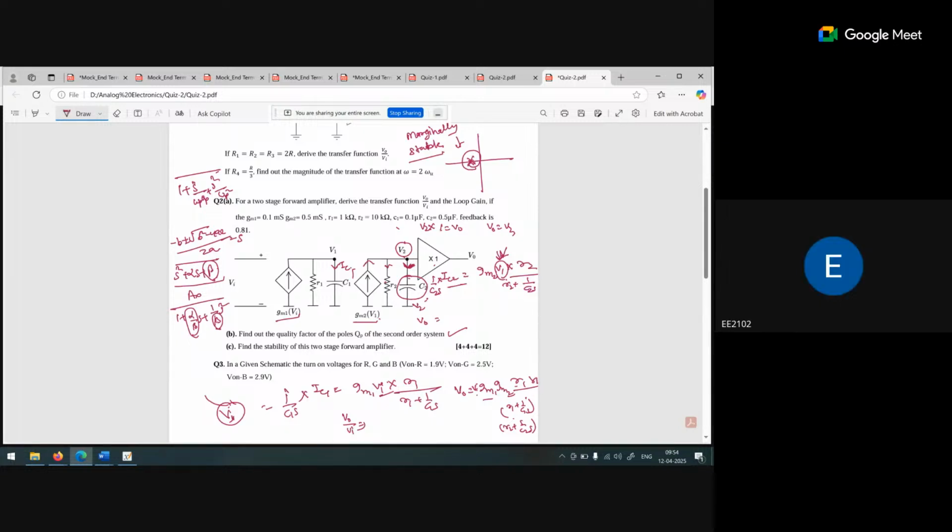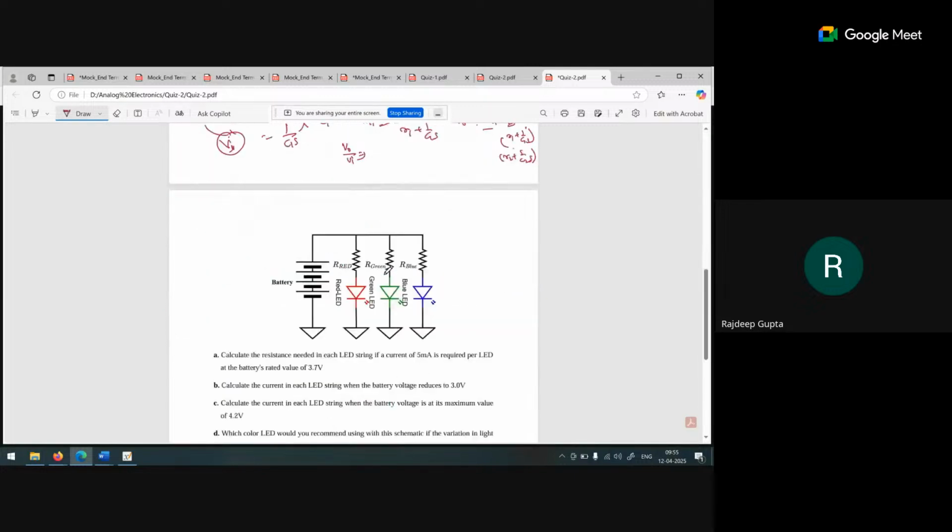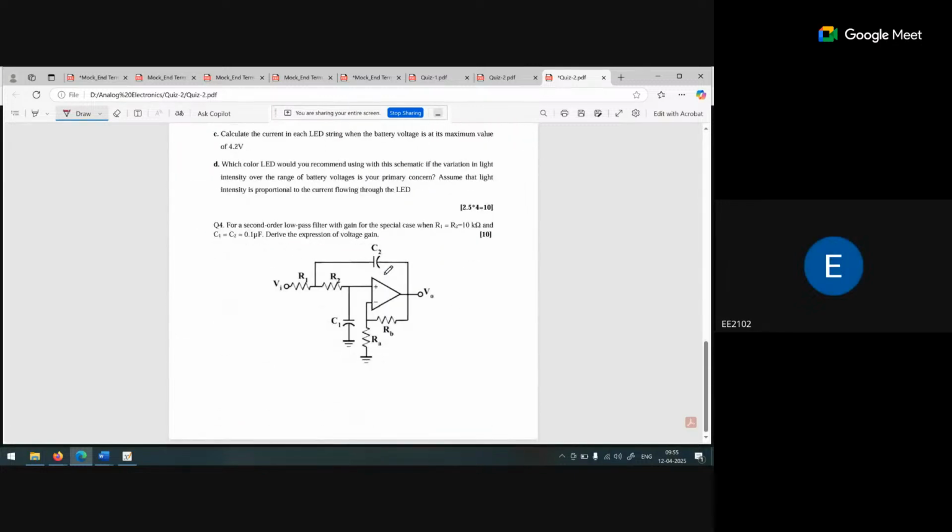Okay, any other doubts? Sir, in the previous end-term, can you please solve the second part of your datasheet problem? What is the second part?